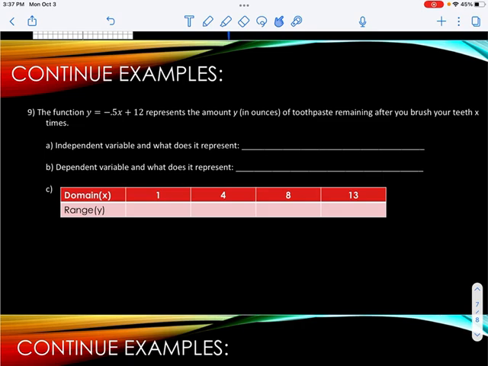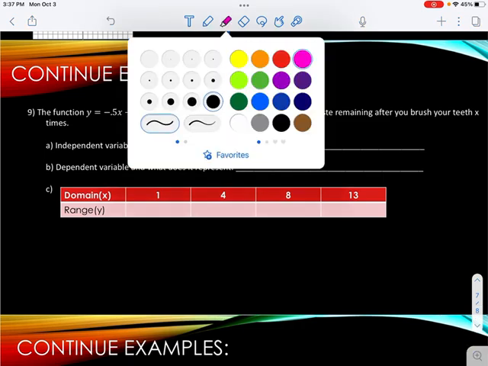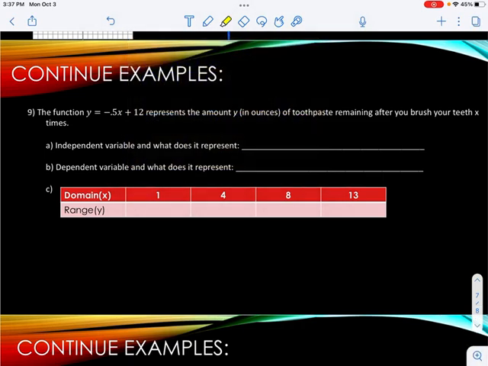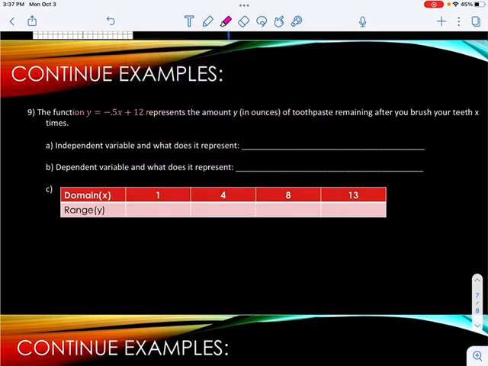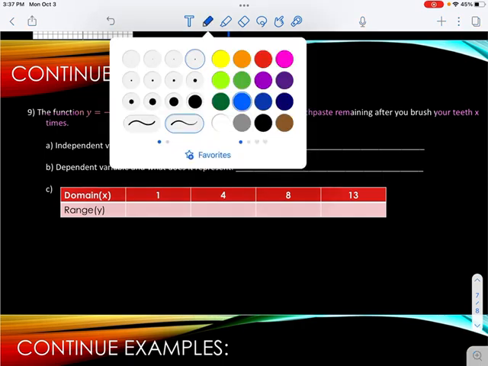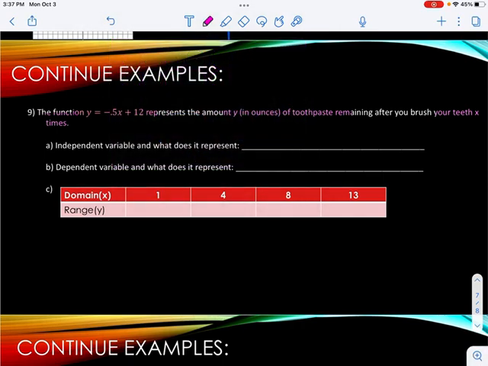So when we think about this, we start looking for important information. Some of the important information is we have our equation here. We have what y is, and we have what x is. When you go to brush your teeth, does the amount of toothpaste in the tube affect how many times you can brush?